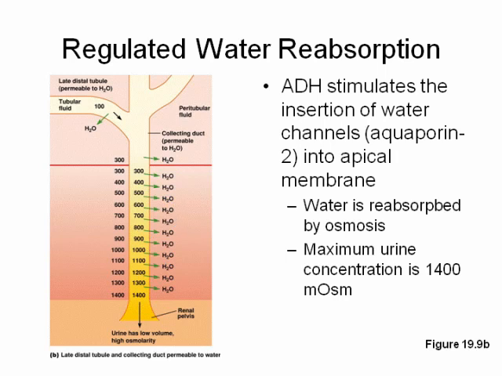But of course they need those aquaporin 2 molecules to allow that to happen. So ADH stimulates the insertion of these water channels, that is the aquaporin 2, into the apical membrane. Therefore water gets reabsorbed by osmosis. And the maximum urine concentration is, of course, isoosmotic with the surrounding tissue. It would be 1400 milliosmoles.